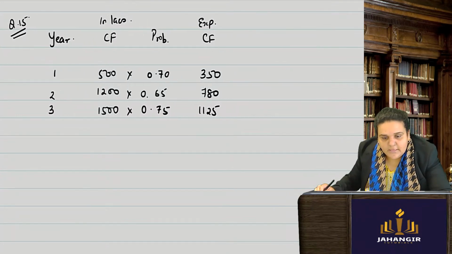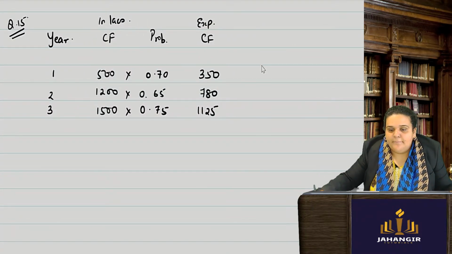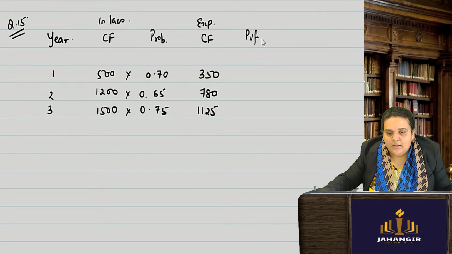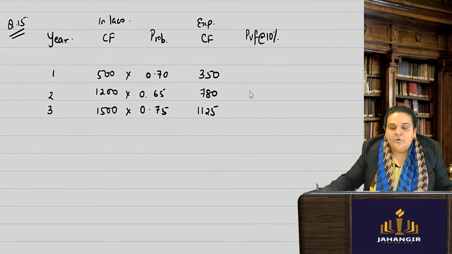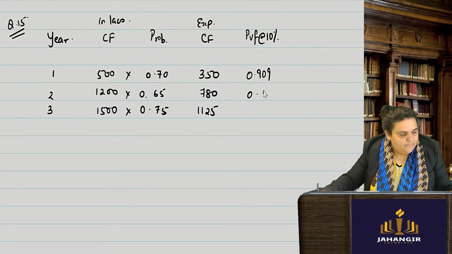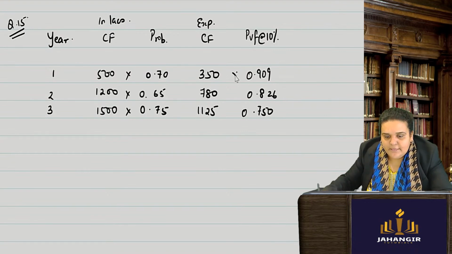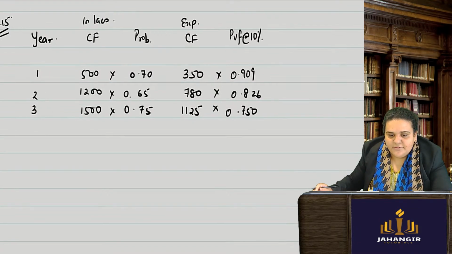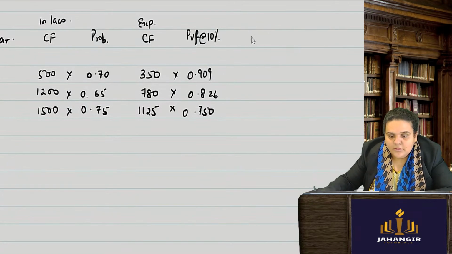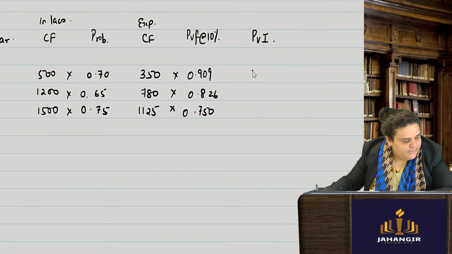Now with this probable cash flow, I will apply my PV factor at the rate of 10%. Okay, you don't need to do anything. They have already given you the factors. Just multiply your probable cash flow with your PV factor. So your PV inflow will be 318.15, 644.28.